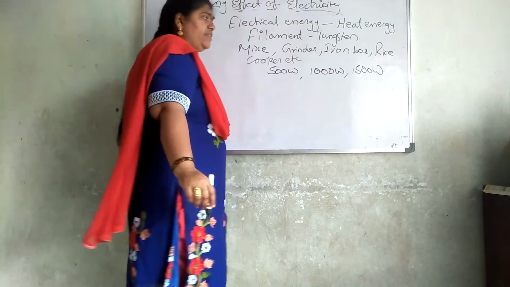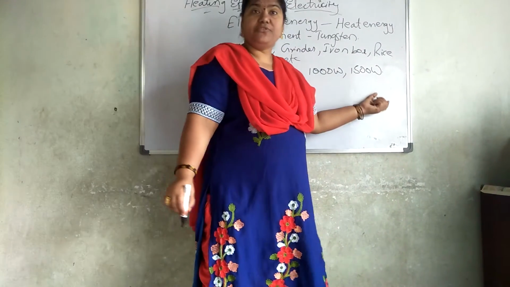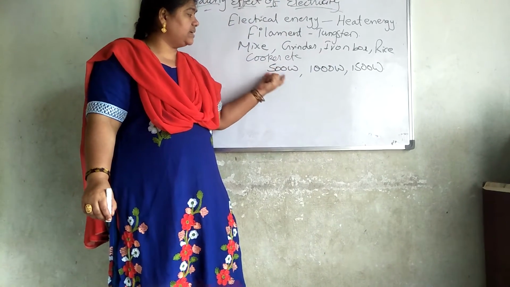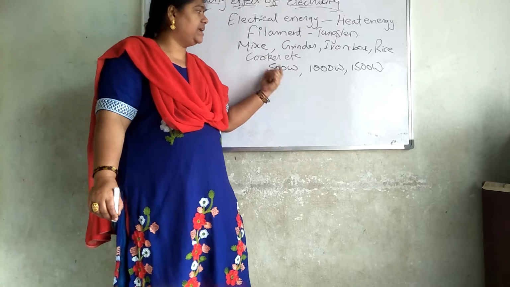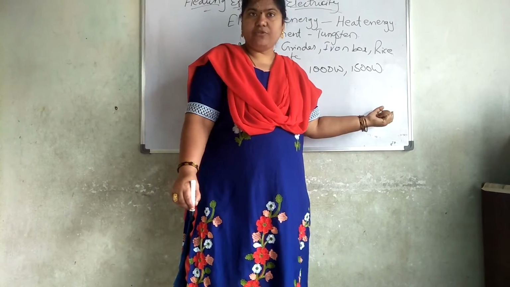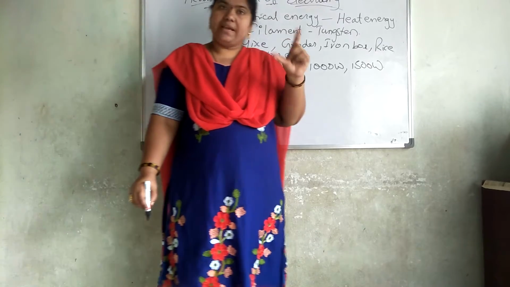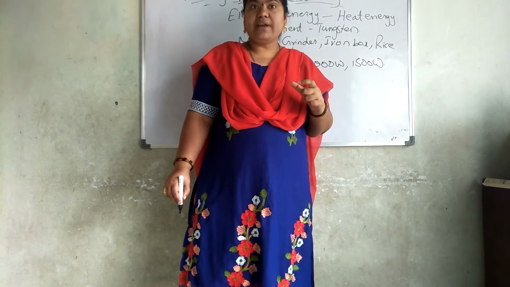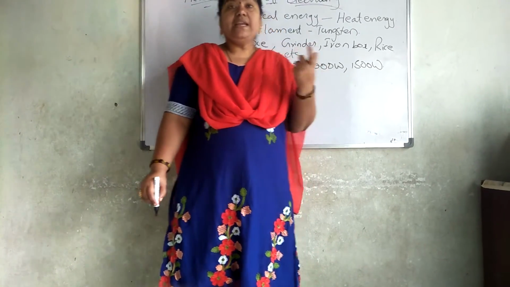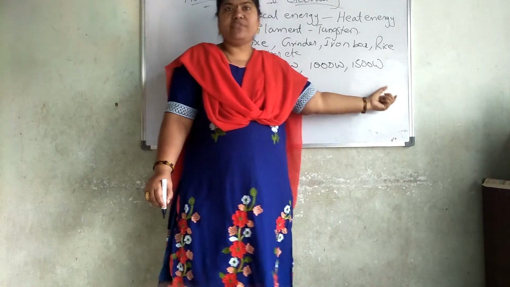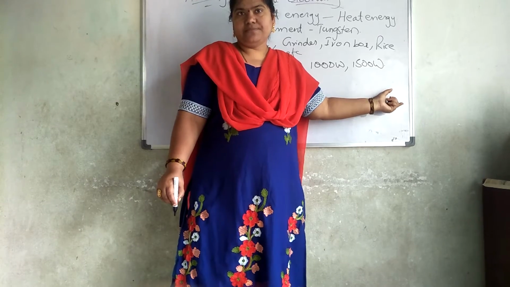When the watts increase to 500, 1000 and 1500, the thickness of the wire also will be increased. The thickness of the wire depends upon the capacity of that electrical appliance.